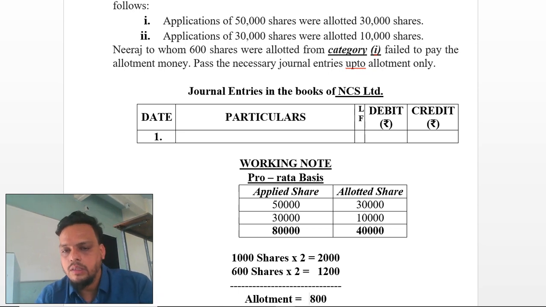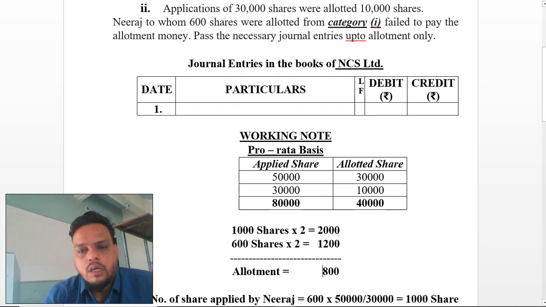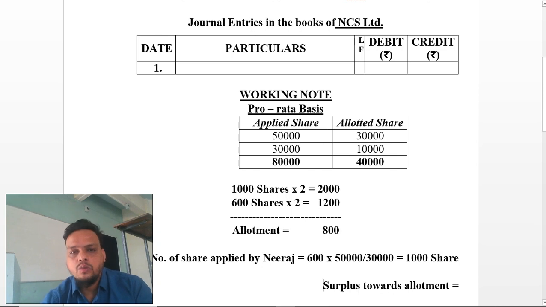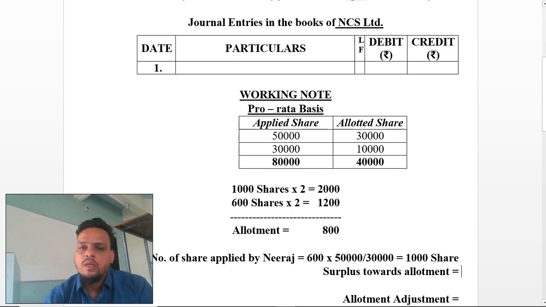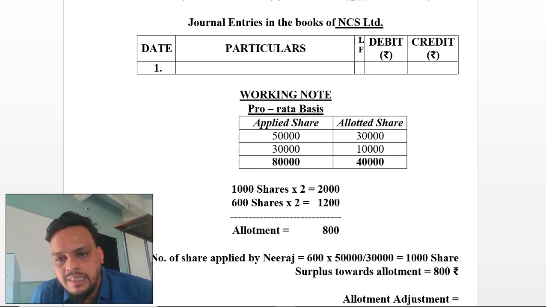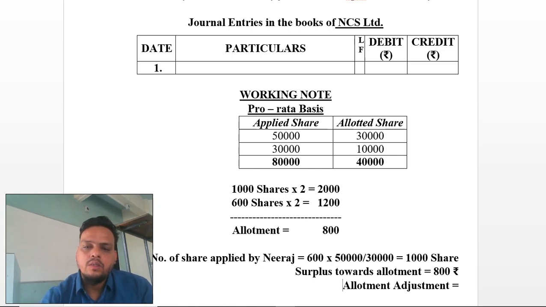Be careful with this amount. 800 rupees has been transferred to allotment. This is the concept where we get very confused if we don't know the exact figure. Now, as you know, the surplus amount towards allotment is 800 rupees. Okay, so 800 rupees is an excess. Now during the allotment, what we will do is an adjustment.